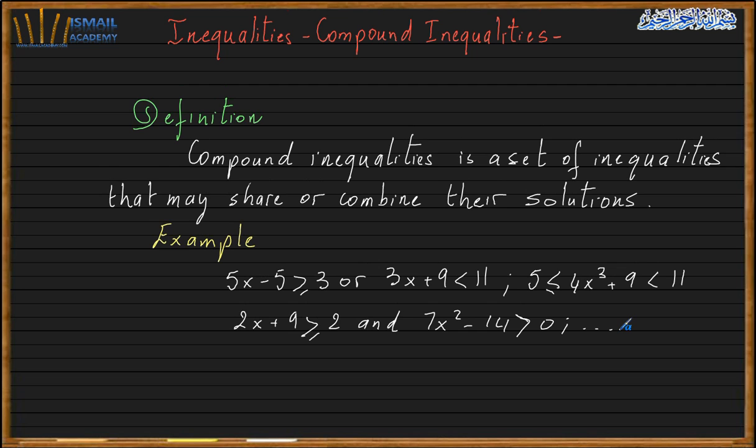Those are examples of compound inequalities. They are separated with the word or and. There are two types.